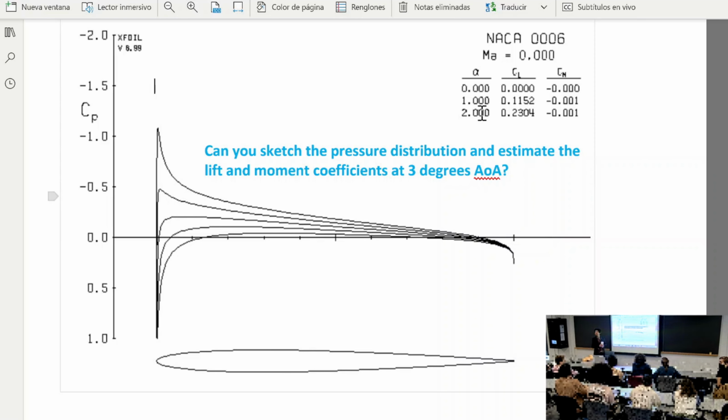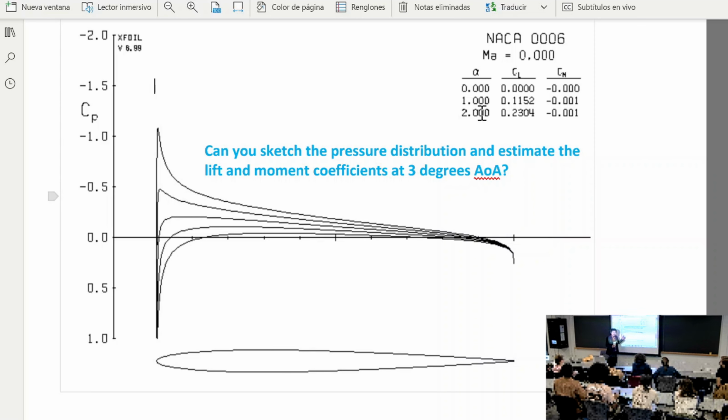Yes? Yes, it's going to peak higher, right? And then it'll still come down a little bit above. Mm-hmm. And then it'll peak on the right hand side of the same area. And then it will be lower on the lower surface, right? That's very good.